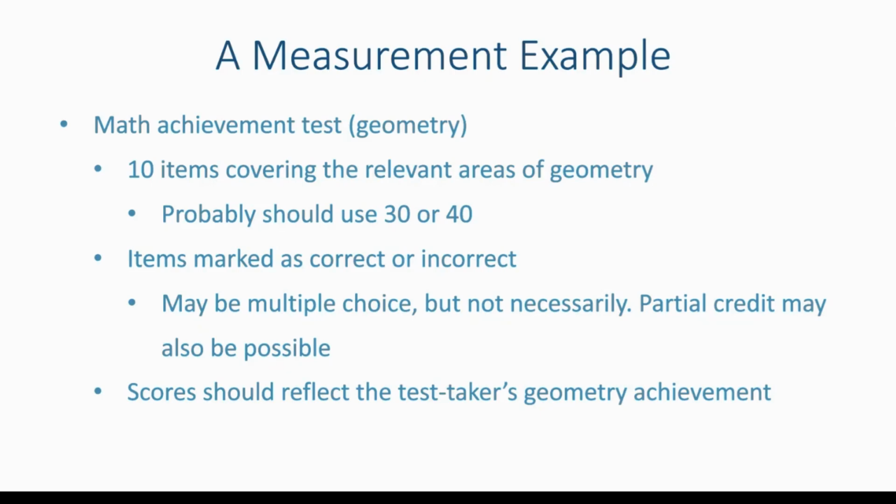And then ultimately, the hope is that by creating this multi-item test for math achievement or in geometry, the scores in the end, whether it's through classical test theory or through an IRT model-based approach, would reflect the test taker's geometry achievement.